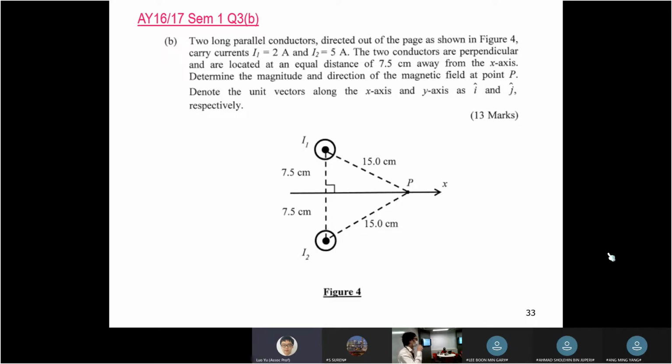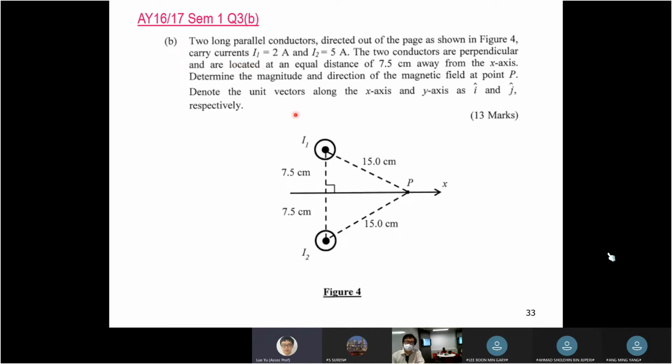Now, any question? Okay, then let's look at some questions here. Again, this is from about 6 years ago. Here we have two non-parallel conductors directed out of the page as shown in this figure below.